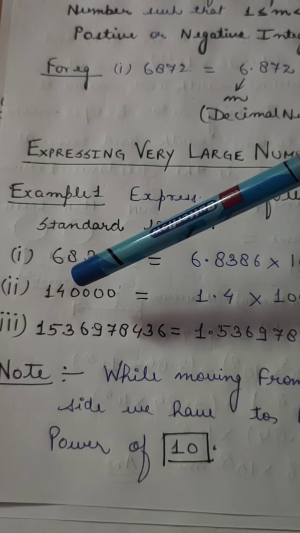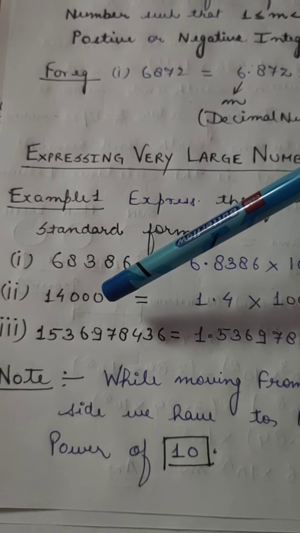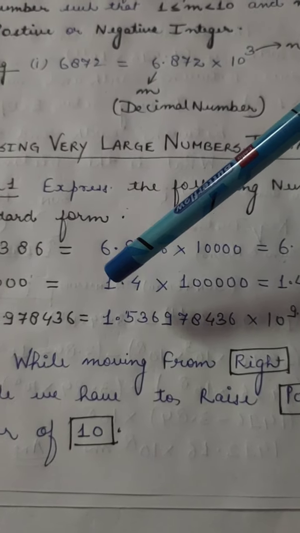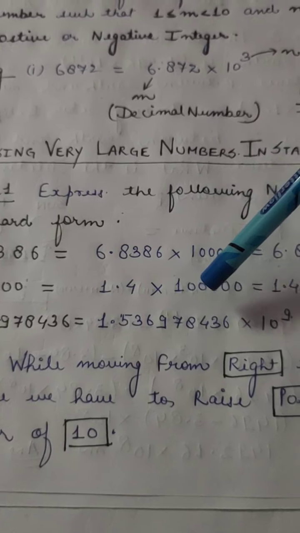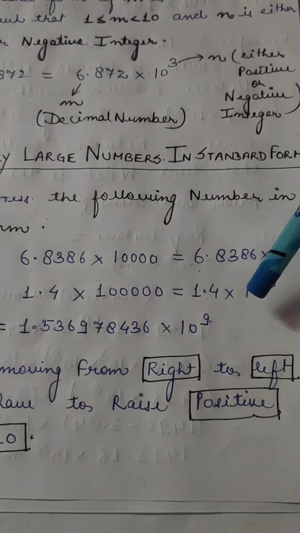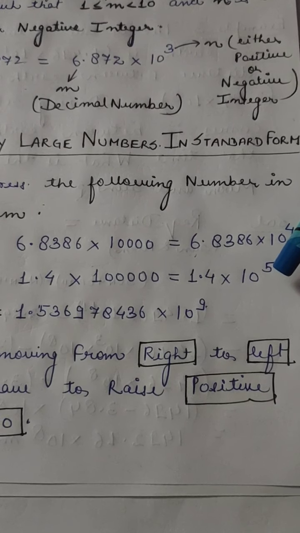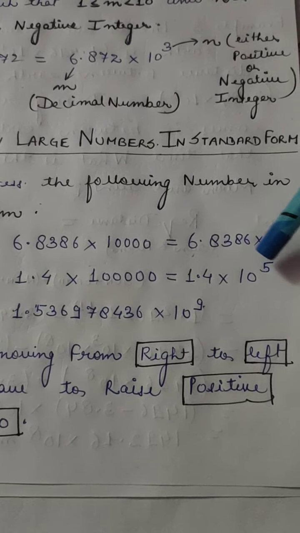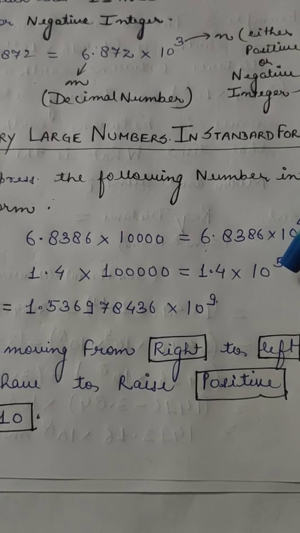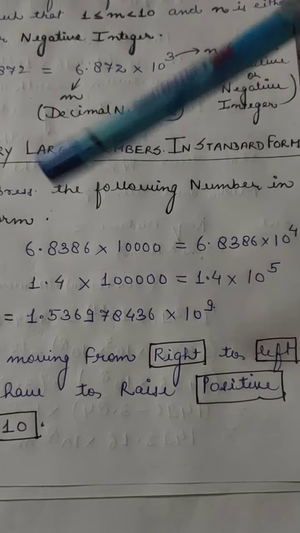So 5 places to the left. In the next step I have written 1.4, and we raise the power of 10 to 5, because we moved 5 places to the left, and this 5 is positive because we are moving from right to left.